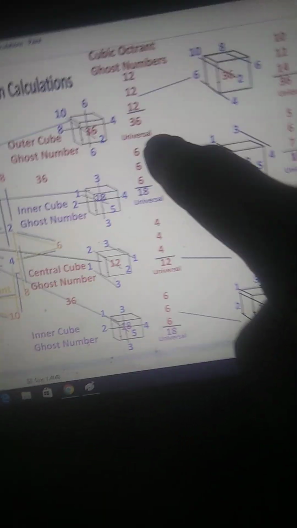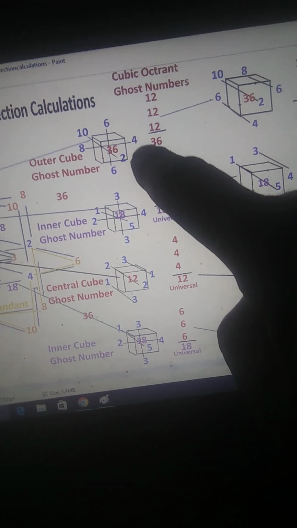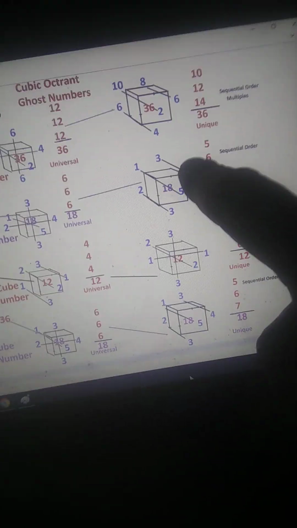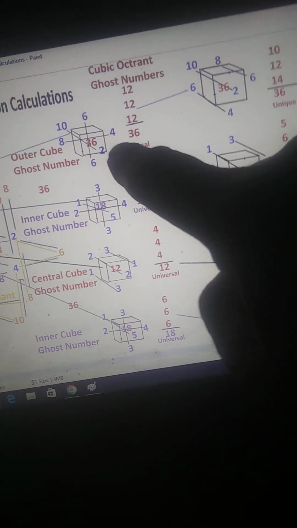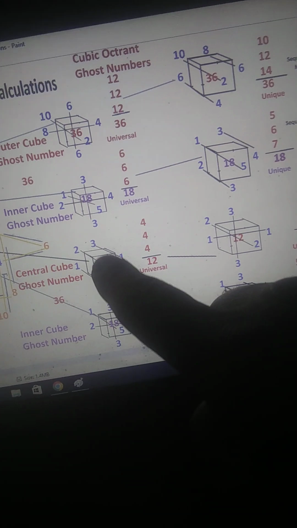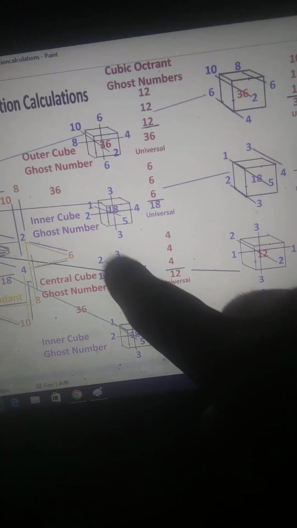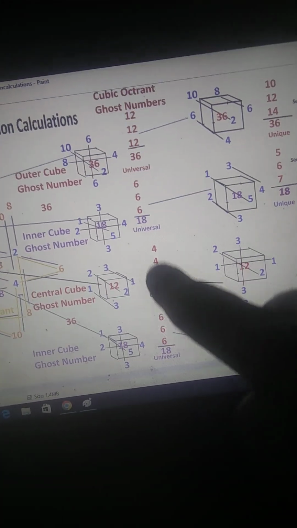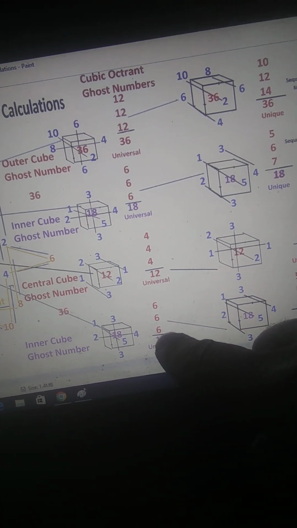So there's 4 main cubic octants, and they can serve, but these are also intersections. This is an intersection, but the central ghost number is crosswise to maintain the cubic octants, to conserve the cubic octant numbers.